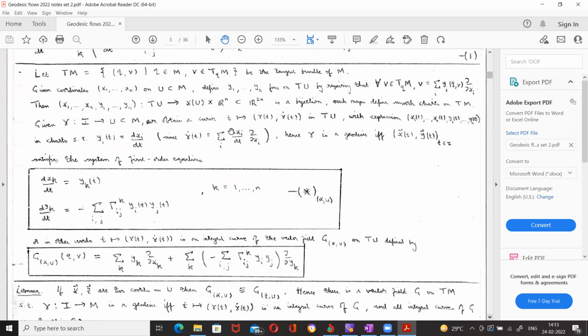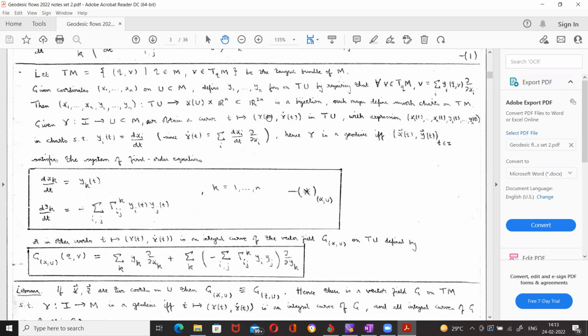Then we saw that if you look at the curve lifted to the tangent bundle, what that means is, given a curve gamma, you get a curve in the tangent bundle, (gamma(t), gamma dot(t)). This is a curve of tangent vectors.